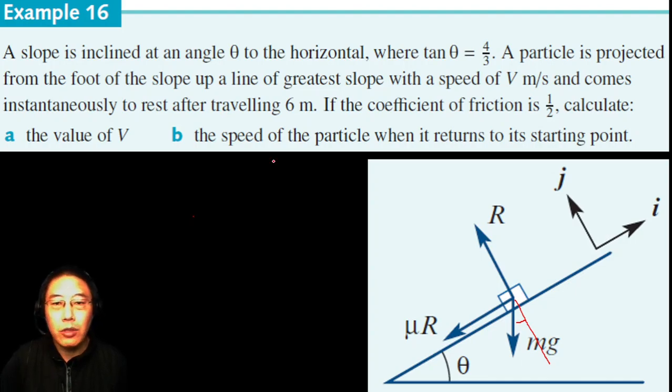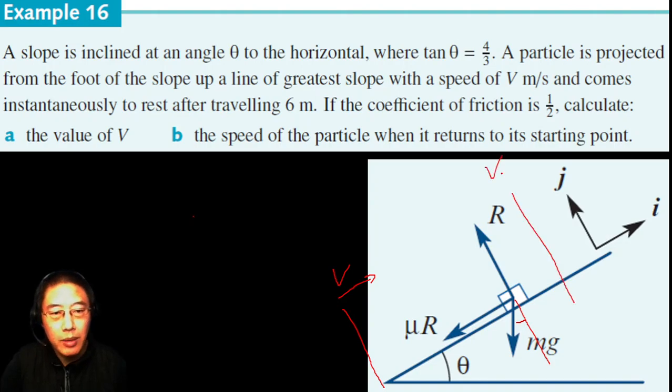But first we need to calculate the value of v. So what happens is it's traveling, let's say it starts from here at a velocity of v, which is going that way, and at that endpoint it has a velocity equal to 0.